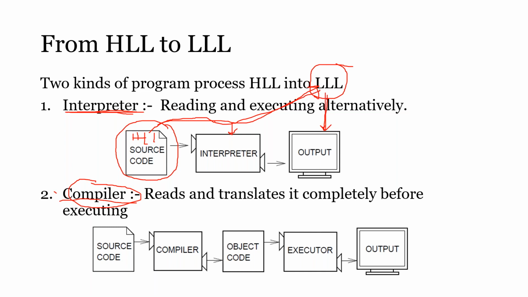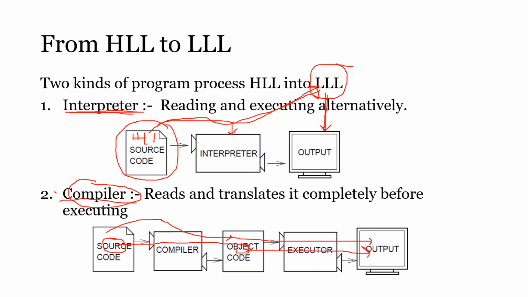But in the compiler mode, your complete source code will get converted into object code through the compiler, and then that complete code will be executed. So it is not line by line, not one by one, but the complete code. Everything here will get converted into object code, and then everything will be executed and you'll get your output.